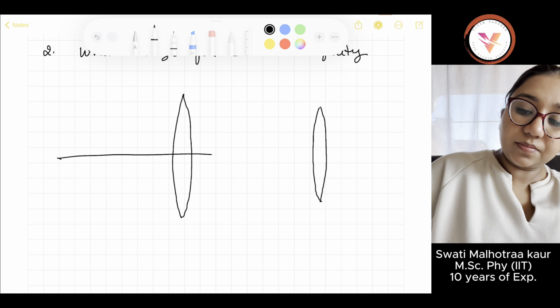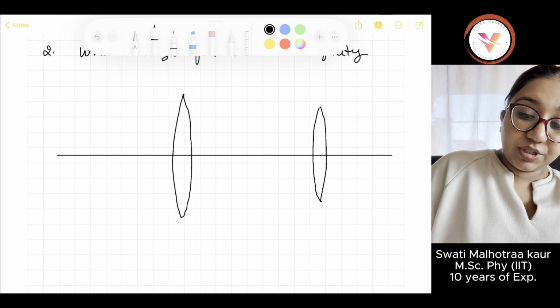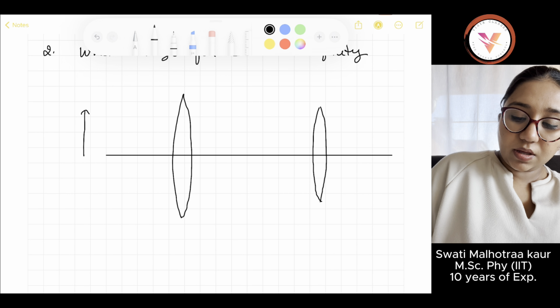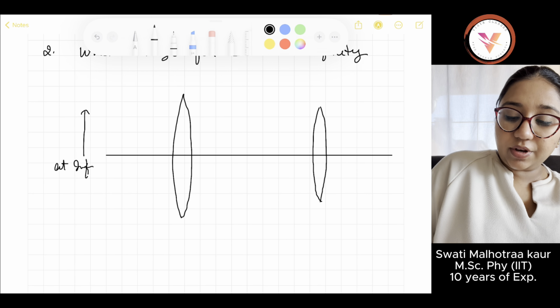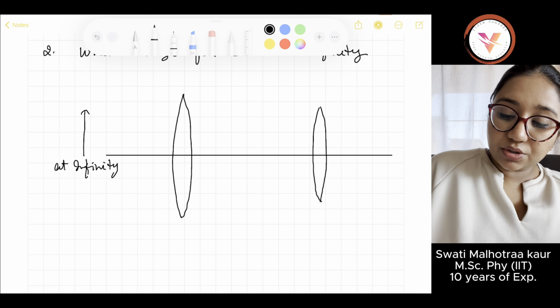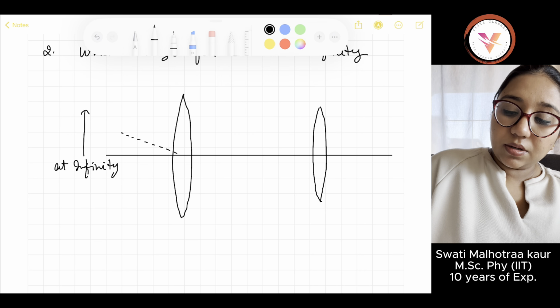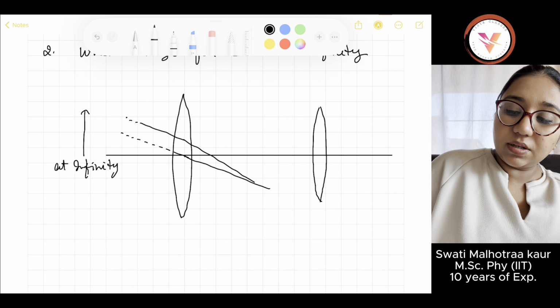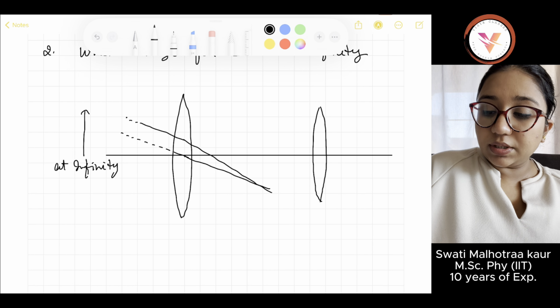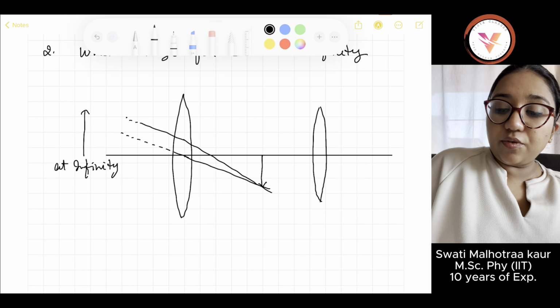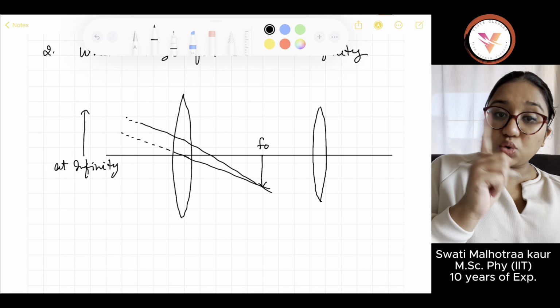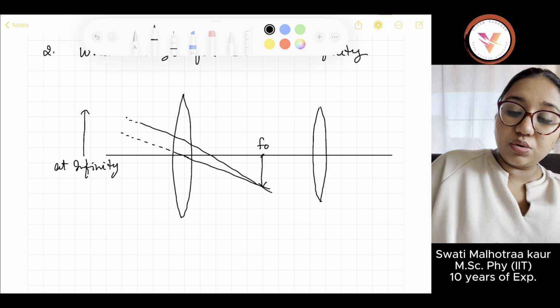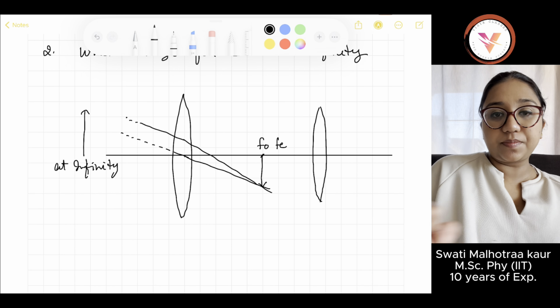And your object is placed at infinity again, so the rays coming should be parallel, and they somehow meet at focus FO. And if the final image is also at infinity, then this point is also your FE, right?